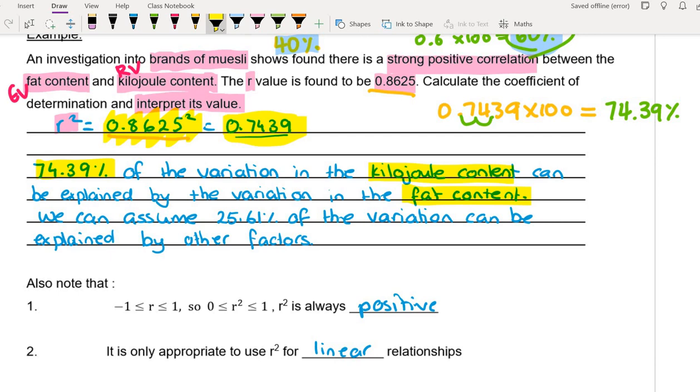So we can assume the rest, which again could be found by just 1 minus the R squared value.